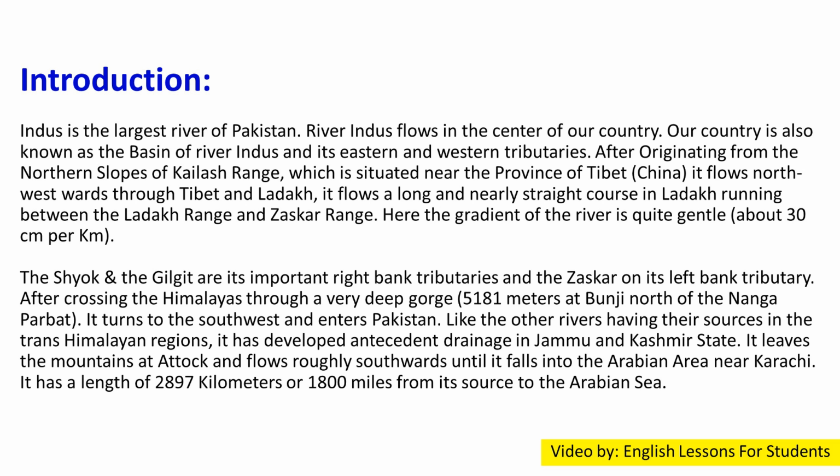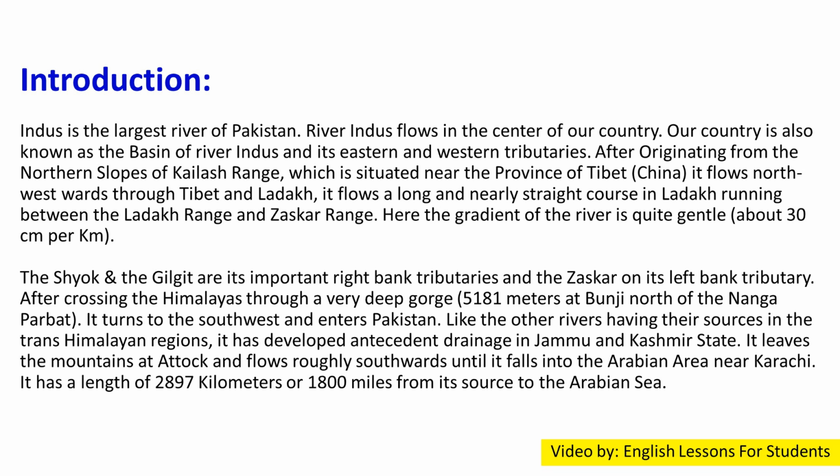Here, the gradient of the river is quite gentle, about 30 centimeter per kilometer. The Shyok and the Gilgit are its important right bank tributaries, and the Zaskar on its left bank tributary.